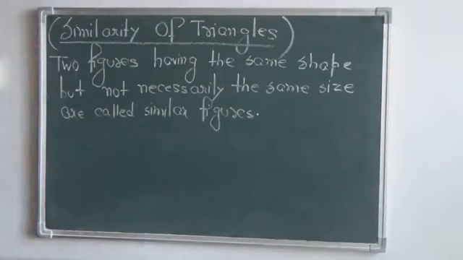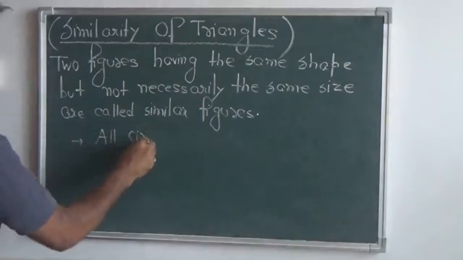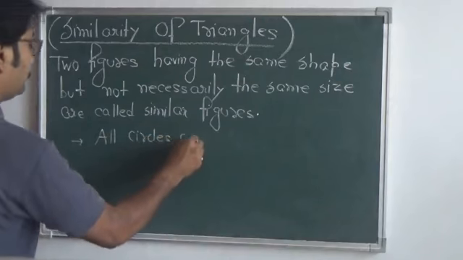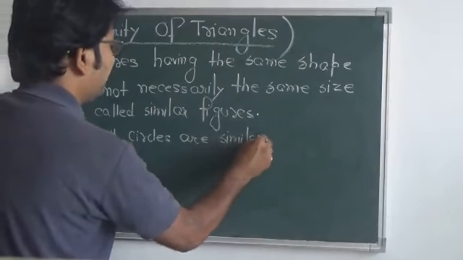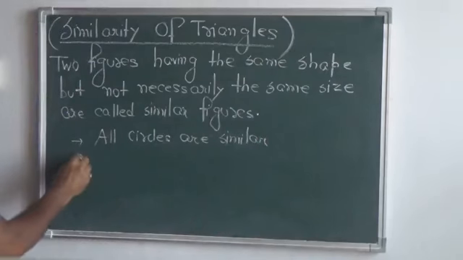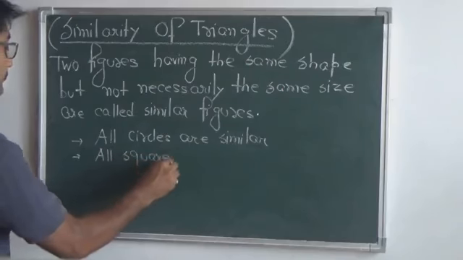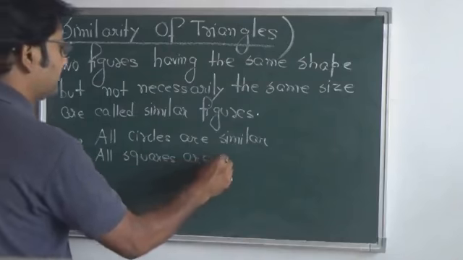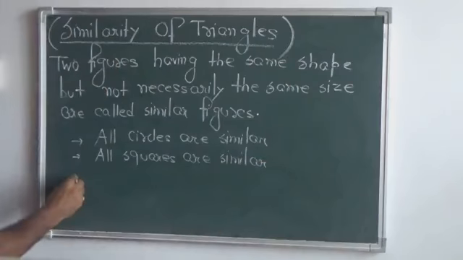Okay, so if we take examples, then we can say all circles are similar irrespective of their radii. All squares are similar irrespective of the length of their sides.